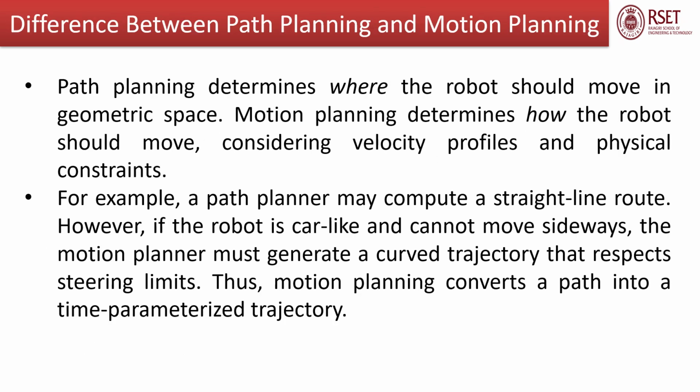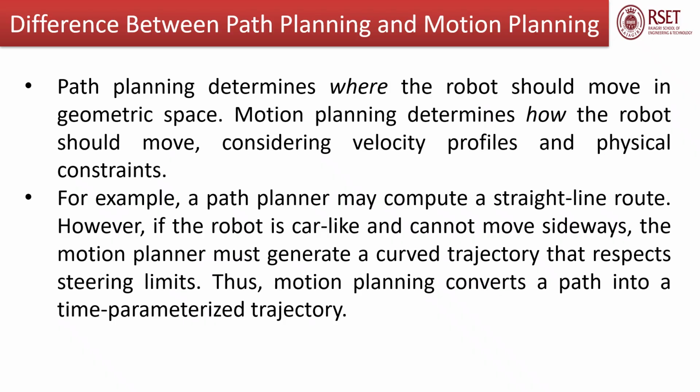This is a very important conceptual distinction. That is the difference between path planning and motion planning. Path planning answers where should the robot go. Motion planning answers how should the robot move. A path planner might generate a straight line, but if the robot is car-like it cannot move sideways. It must follow a curved trajectory.